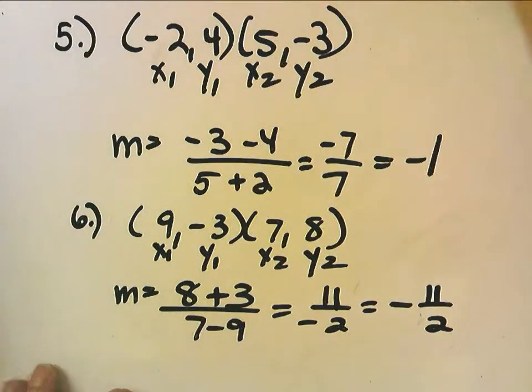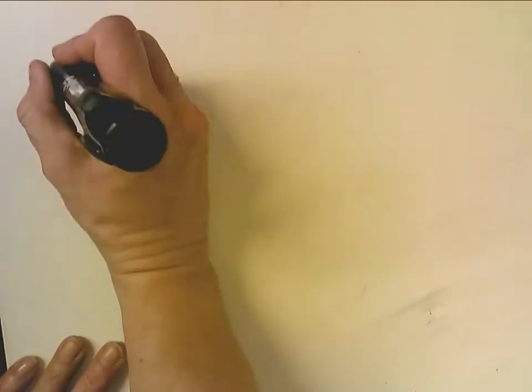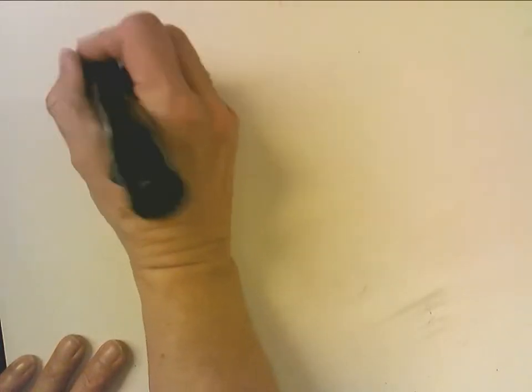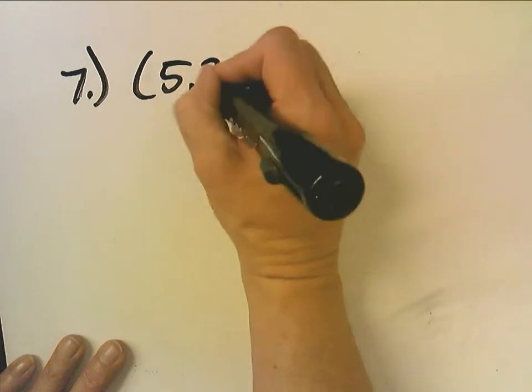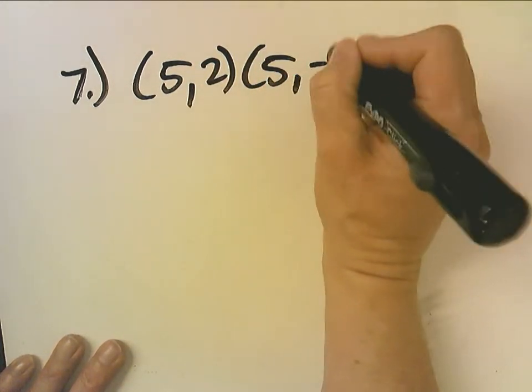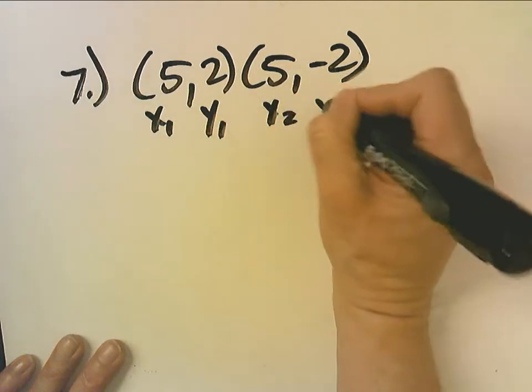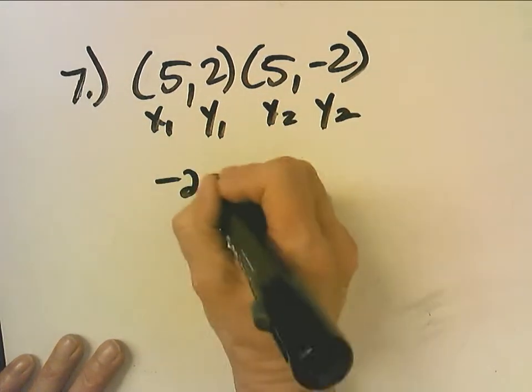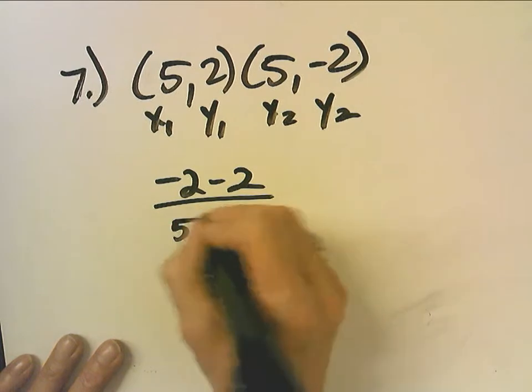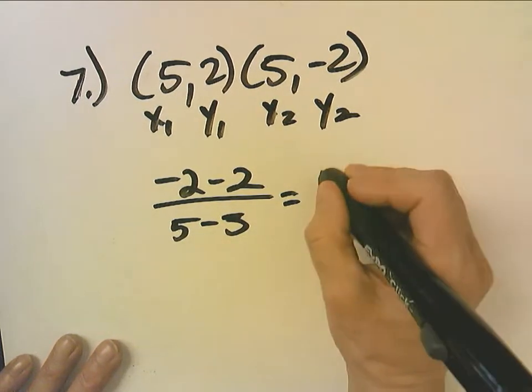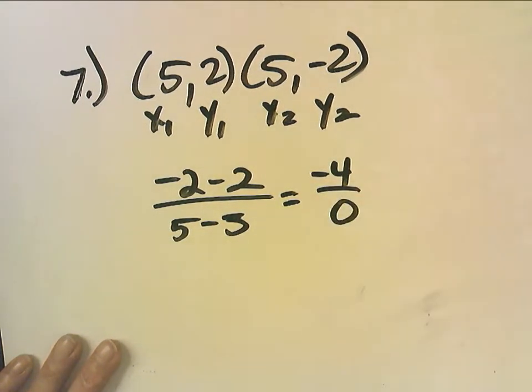Okay, now we're going to do 2 special cases. So for number 7, we have (5, 2) and (5, -2). X sub 1, y sub 1, x sub 2, y sub 2. Negative 2 minus 2 over 5 minus 5 equals negative 4 over 0.